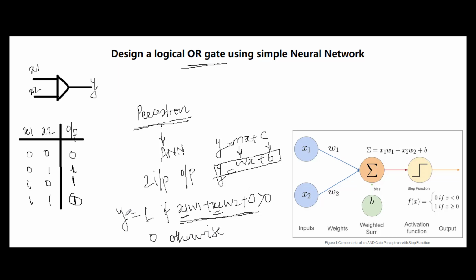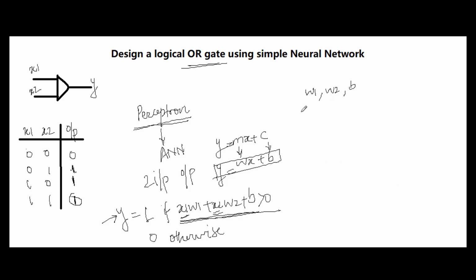Now, to design a neural network where we get output as 1 when this condition is satisfied and 0 otherwise, we need to see the calculation. We need to set some initial values for W1, W2 and B. You can try different combinations of values for W1, W2 and B, but I'll directly jump to the solution, the values you can set to get the functionality of an OR gate using a neural network.